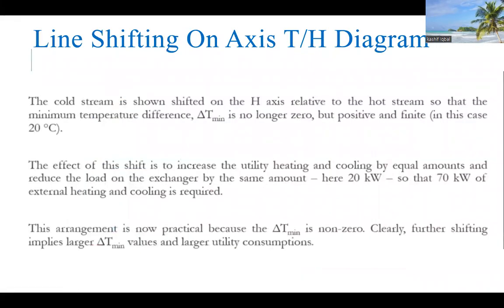So in shifting the curves on the axis, the total duty of the stream would be the same, the temperature would be the same, but we are only shifting the stream from one place to another so that we can show a temperature difference between the streams.